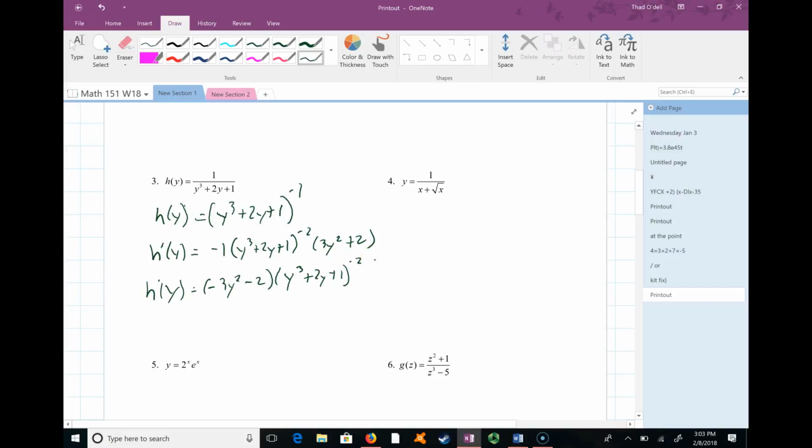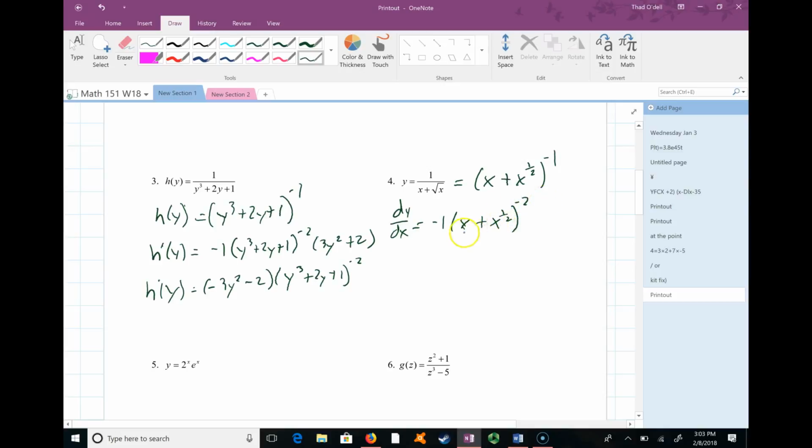And this one would be done in a similar way. I'd rewrite this as x plus x to the 1/2, to the negative 1. And then when I take the derivative, I'll use the good notation, dy dx. That would be negative 1 times x plus x to the 1/2, to the negative 2.